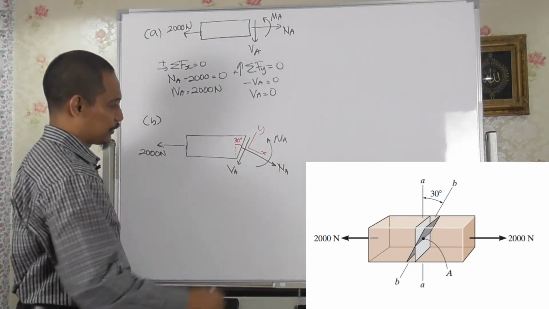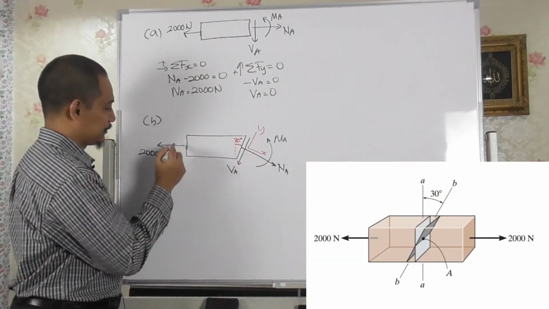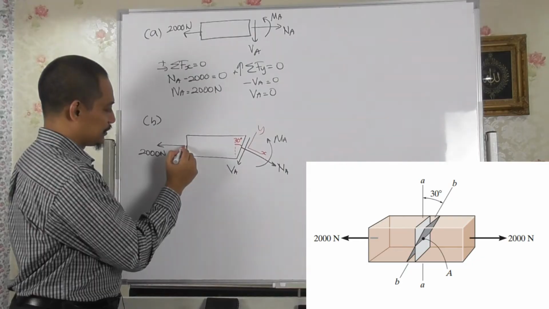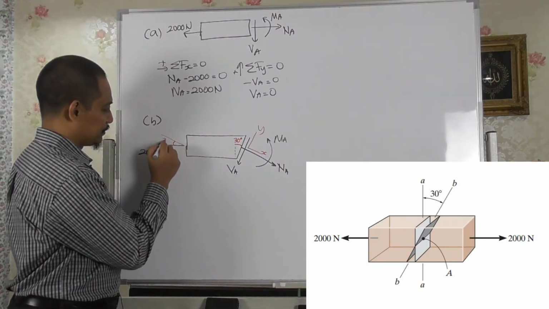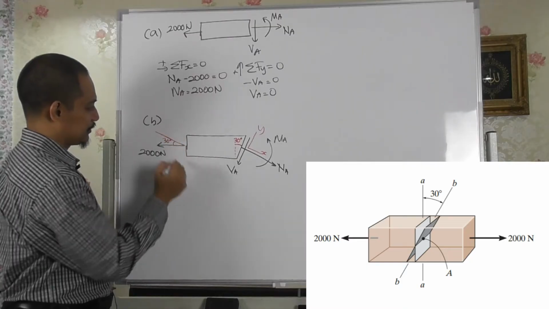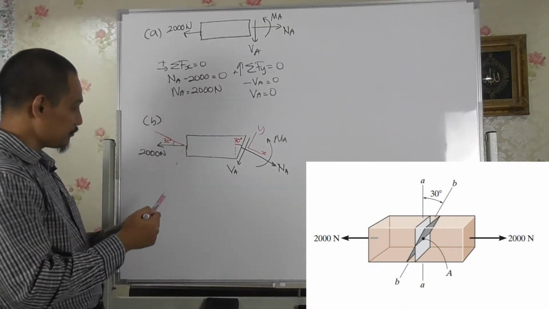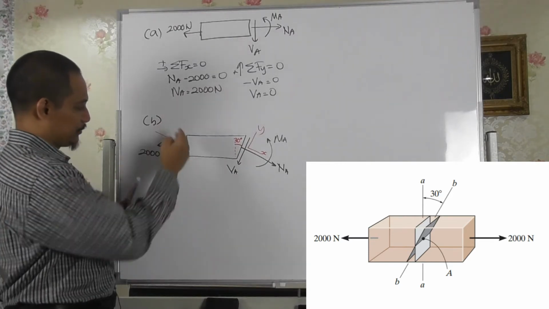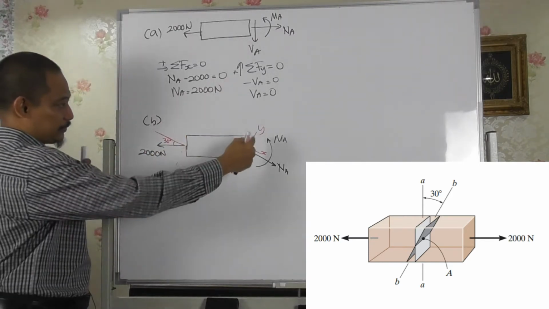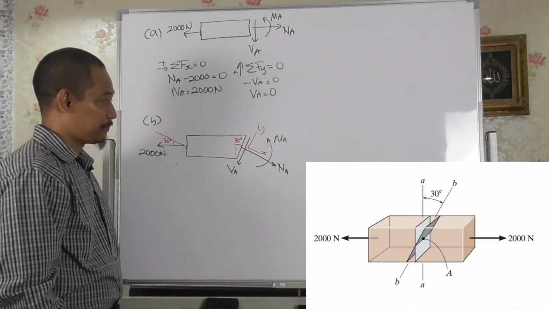But if you want to use this one, you have to know what is this force in accordance to this. Because this is 30 degrees, this will be 30 degrees. So this will be along X, and obviously this will be along Y. So with this, if you want to do this, you have to specify what is X and Y axis.